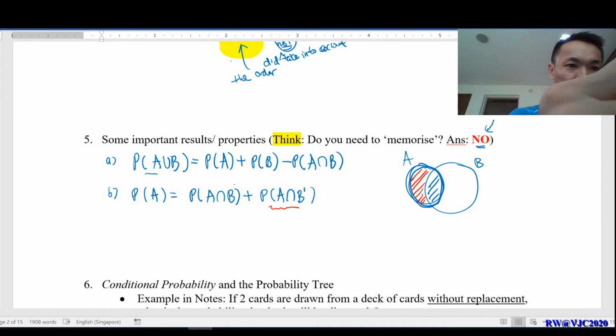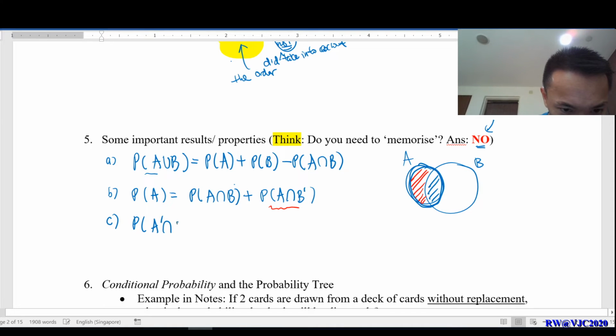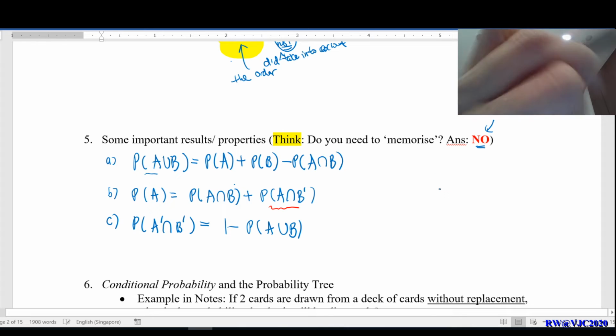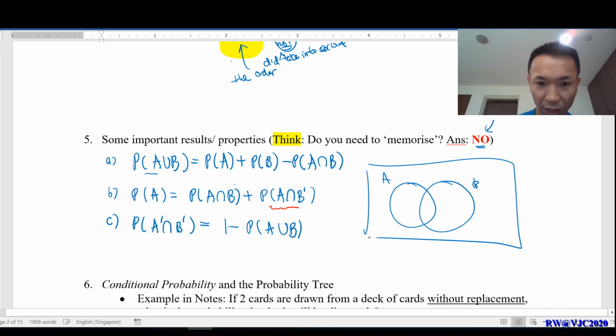Last one. Some useful results. Really just useful. C. Probability A complement intersect B complement is 1 minus probability A union B. Again, may not look obvious, but if I write it out, it makes sense. There are some more, but these are the common ones. You see, A and B. I want A complement to intersect B complement.